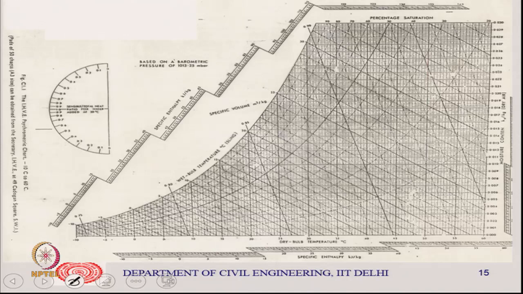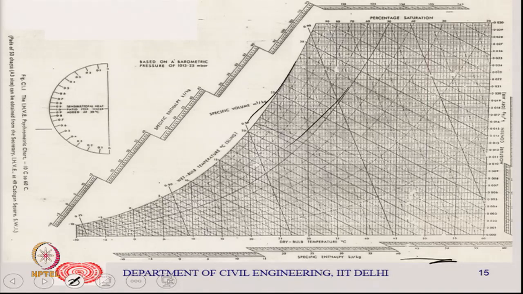I am just repeating the psychrometric chart I showed you earlier. This is the dry bulb temperature, these are the relative humidities, and the inclined ones are wet bulb temperature, and enthalpy lines are also there. We need not look into the enthalpy line, we can calculate straight from the formula.